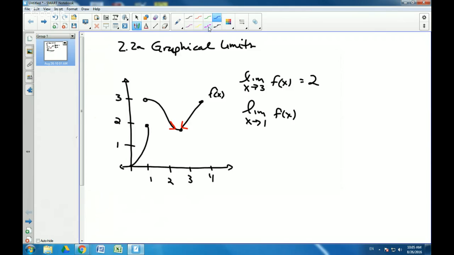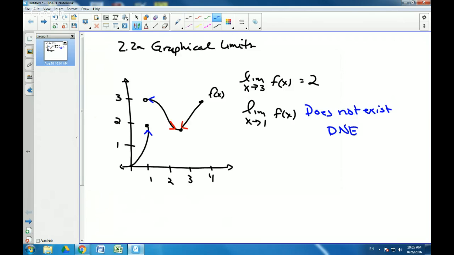For limits, you have to go to the same spot for a limit to actually exist. Okay, this limit does not exist. Okay.